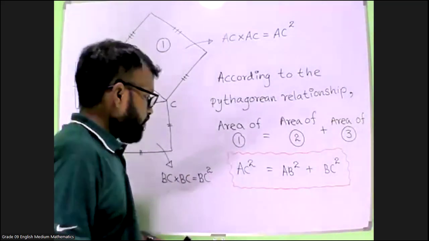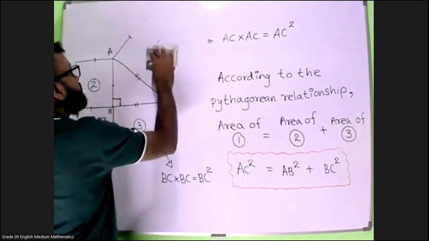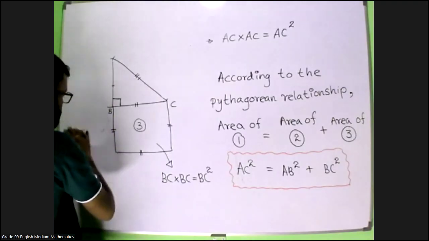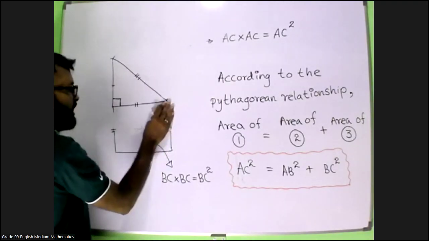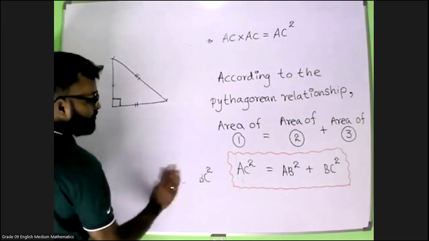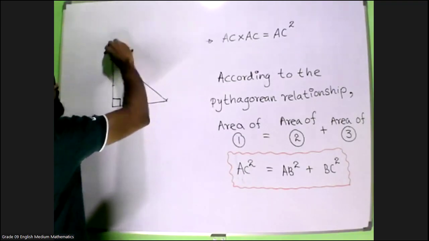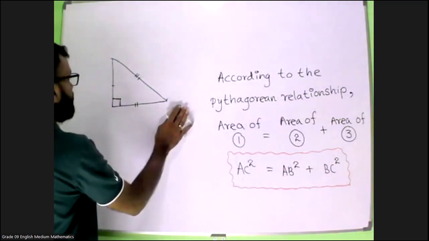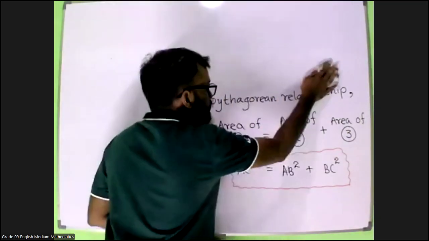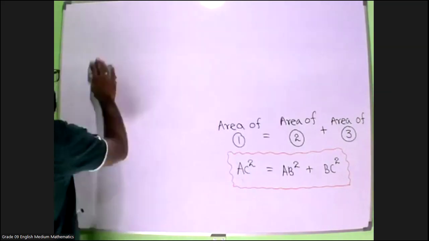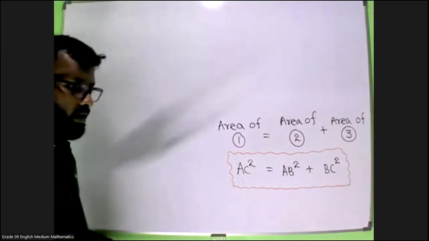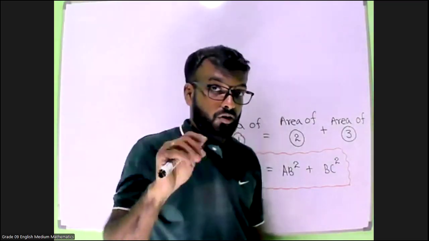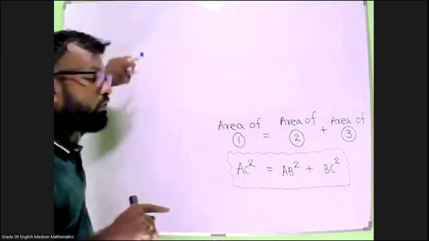Once you see something like this, this is the right angle triangle. Here there is a pattern. Try to catch the pattern. Always try to catch the pattern when you have something like this.